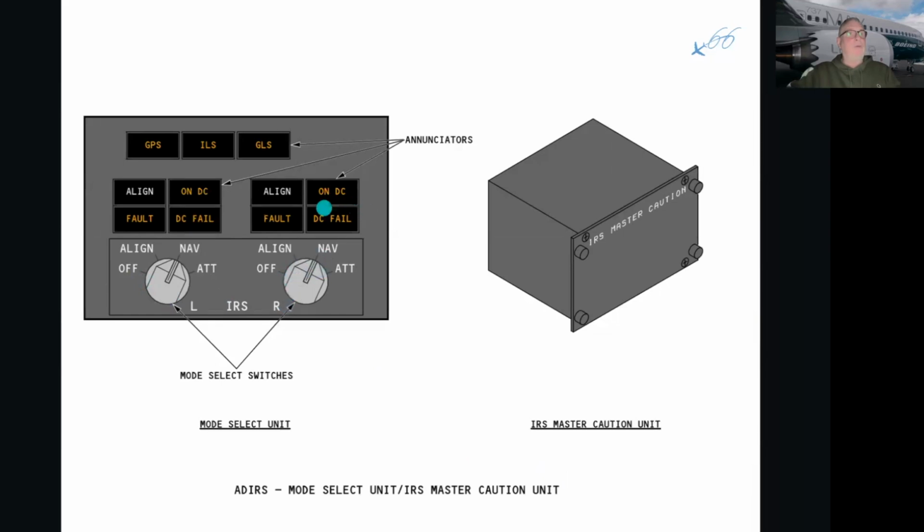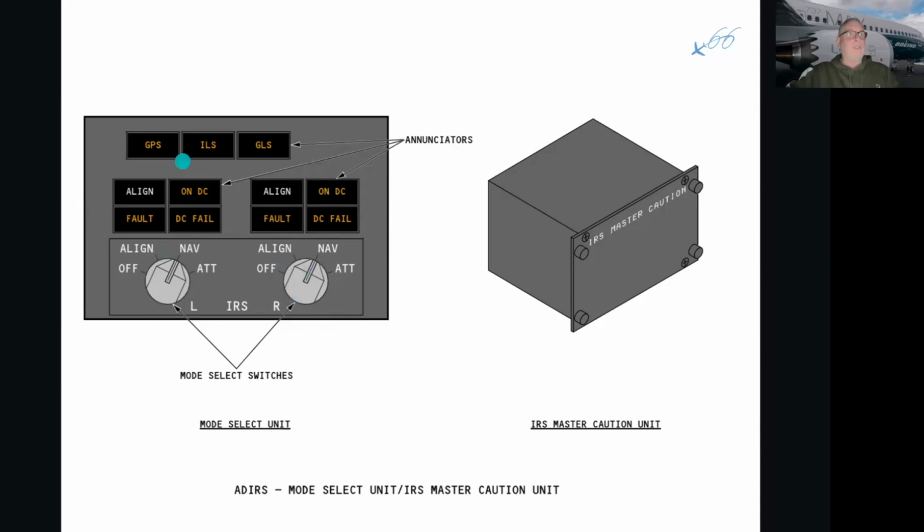Okay, and we have a load of lights here to indicate the health and mode the IRSs are in. Now of course this is a new inbuilt box, because the older aircraft, the Classics and the Jurassics, didn't have inertial reference units, so there was none of this switchery here, none of these indications.